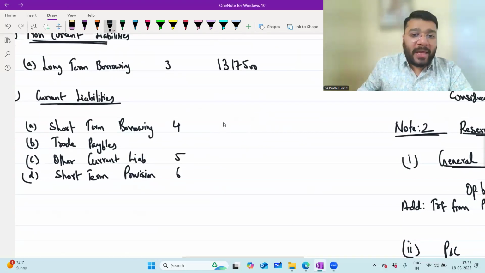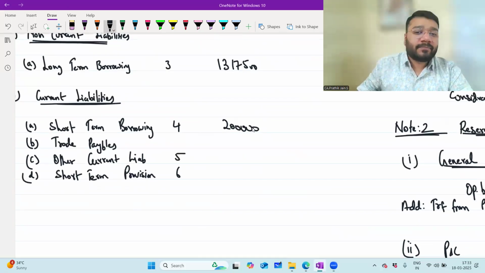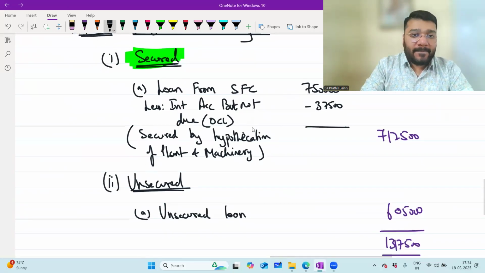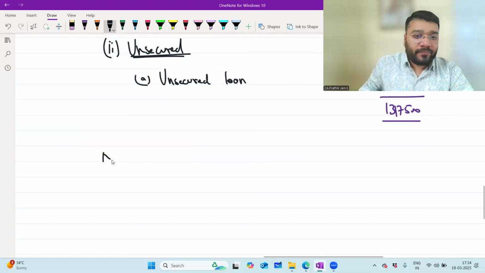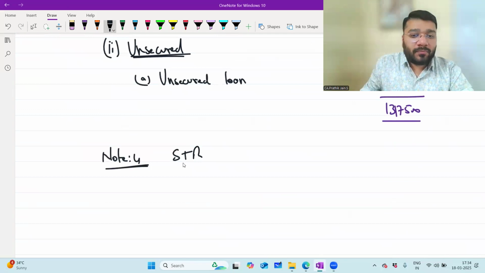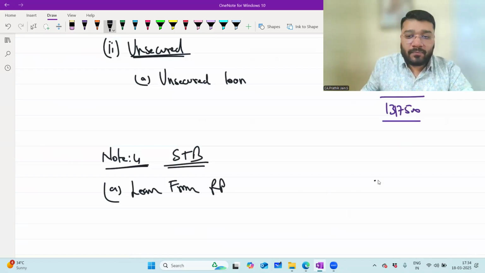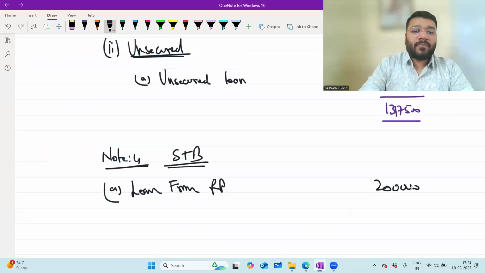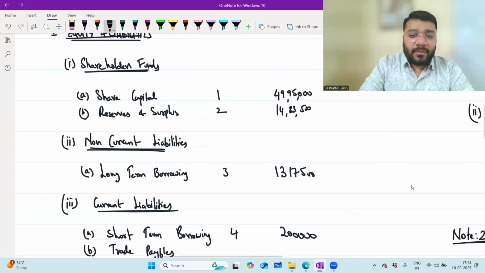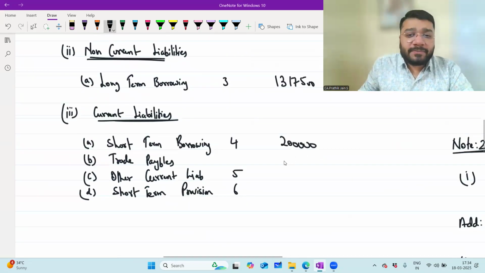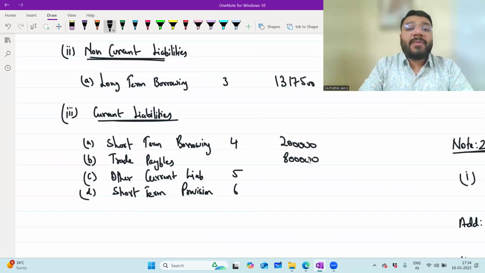Short term borrowing, how much? 2 lakh. Trade payable we can record directly. How much is trade payables? 8 lakhs. Other current liability, only one item.